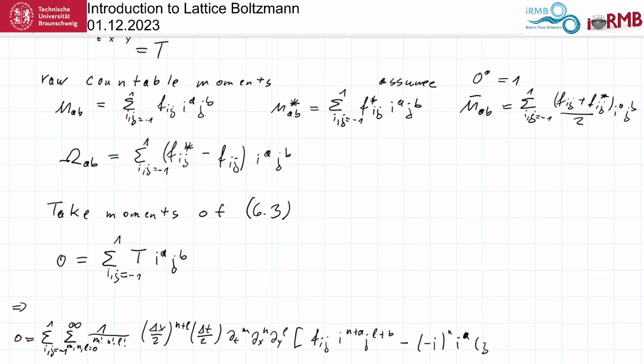And here minus j to the power of l and times j to the power of B. And then this continues with minus 1 to the power of m, and this goes into f_ij post-collision.